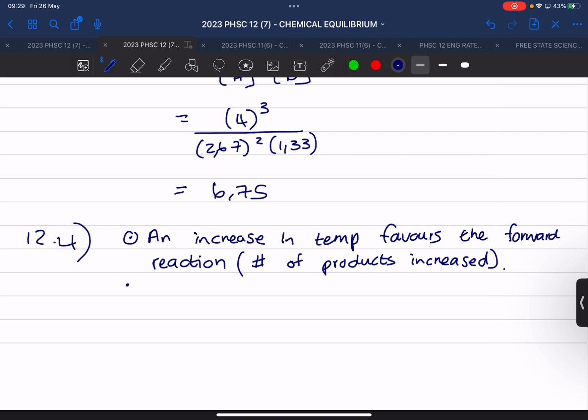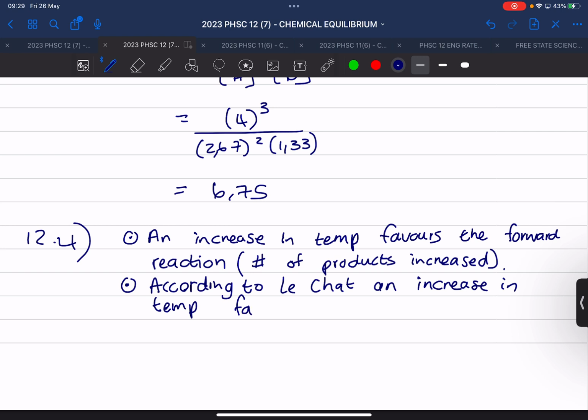Then according to Le Chatelier's principle, I'm going to abbreviate it now because I think the bell's going to ring. According to Le Chatelier's principle, an increase in temperature favors the endothermic reaction.